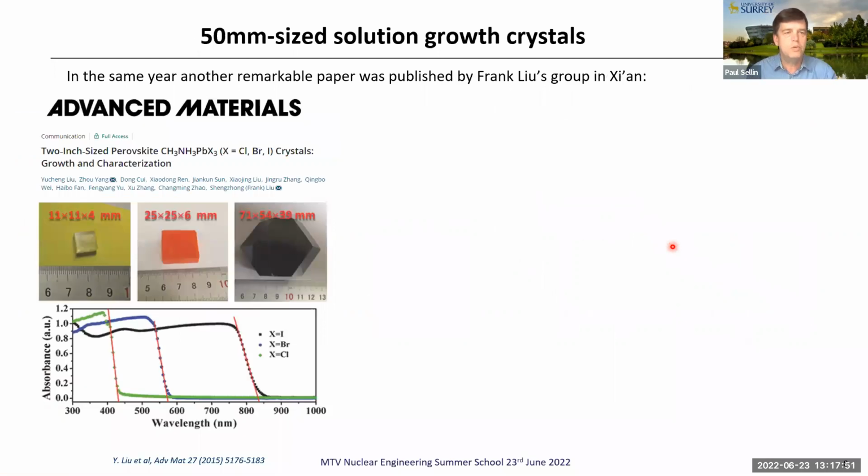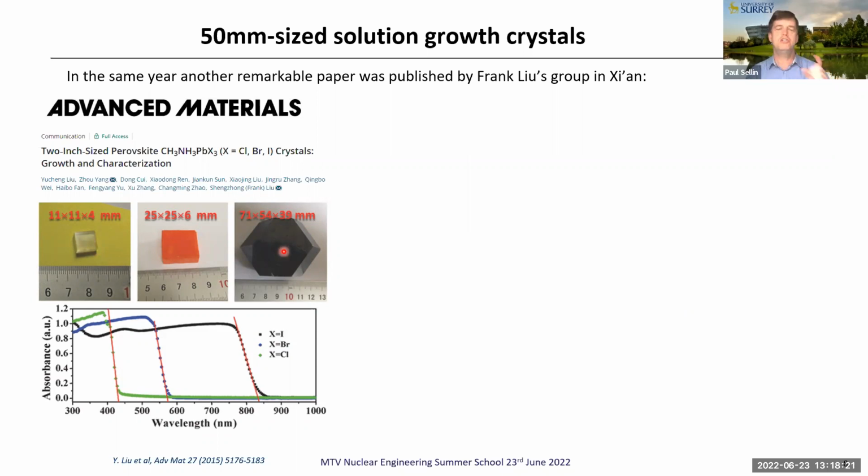And here's some examples. Here was another paper by a well-established group in Xi'an, Shengzhong Liu's group at Shaanxi Normal University, published in 2015, which showed very large perovskite single crystal growth. For example, here's a selection going through chloride, bromide and iodide, reaching up to 2-inch diameter.